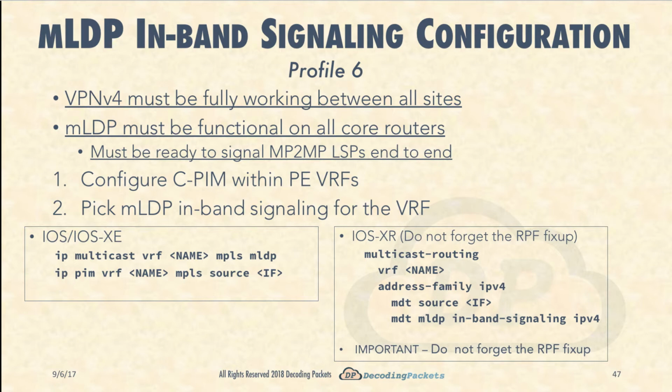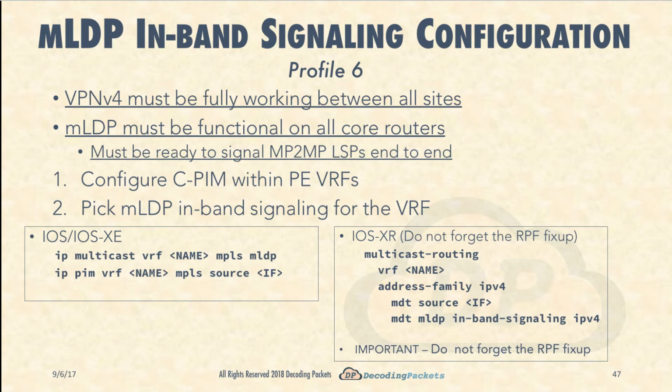On IOS and IOS XE, these are a couple of global commands, so it's not very logical, or at least not as logical as it is on IOS XR. But essentially, you would start MPLS MLDP in the IP multicast. So that process for the VRF has to support MPLS MLDP.